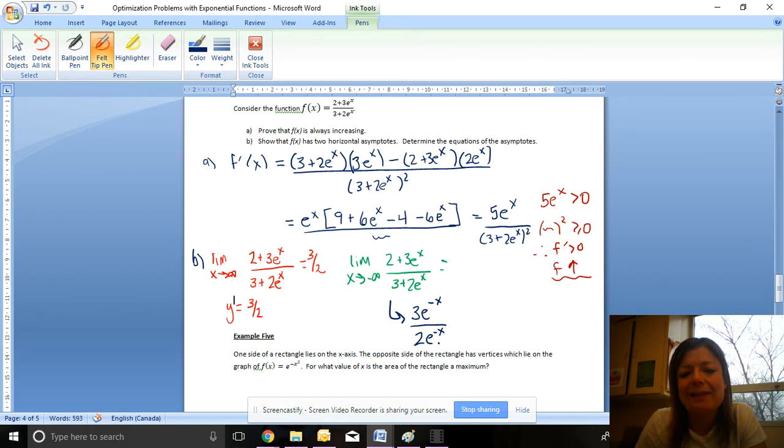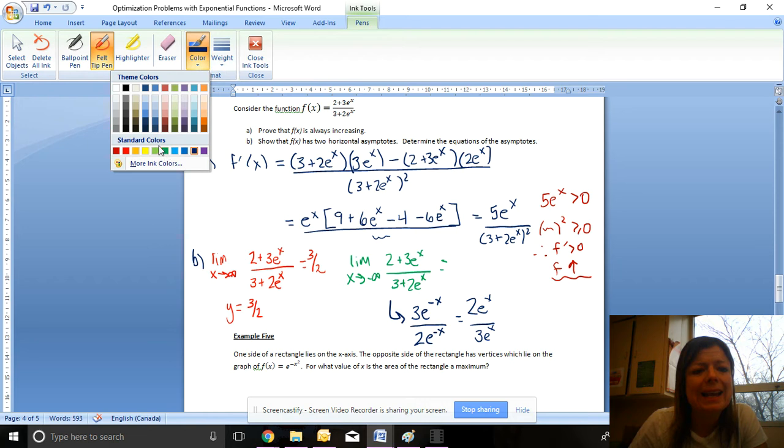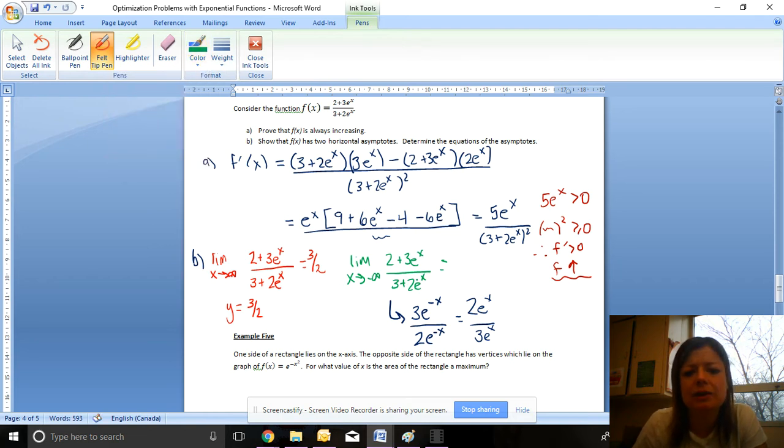Negative x's mean that you flip the base. So this would go to the top and this would come to the bottom due to the nature of negative exponents. So as you get really, really negative, this limit is actually 2/3, okay? Not because this 2 and this 3 matter, they are negligible. It's because this 2 comes to the top and this 3 goes to the bottom because we have negative exponents. So the equation of that horizontal asymptote is y equals 2/3.